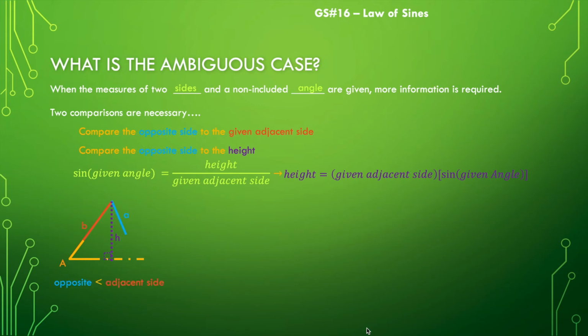If the length of the opposite side is less than the length of the adjacent side, and less than the height of the triangle, there's no possible way to make a triangle.